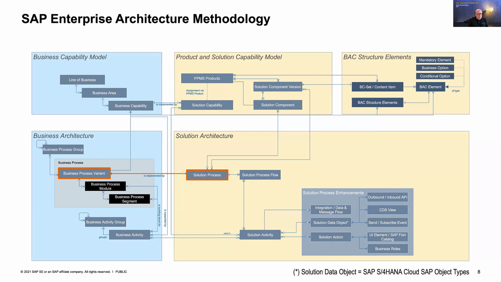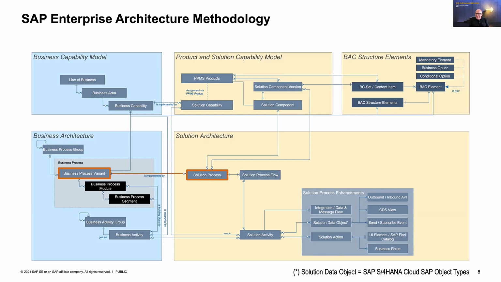And the solution process is, so to say, the IT response to the business perspective defined business process variant. And in the solution process, there we know exactly what are the solution components, what are the physical systems doing the job. We know exactly what is the product vector.